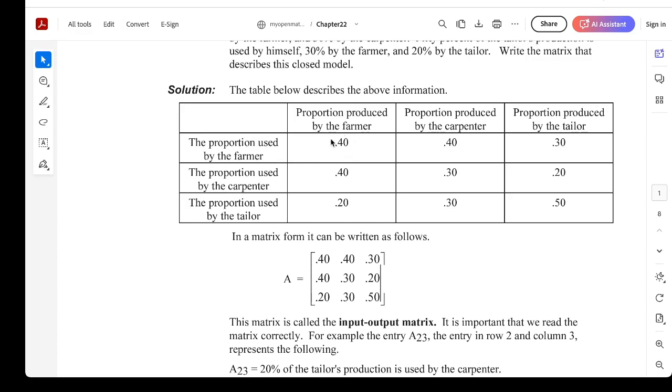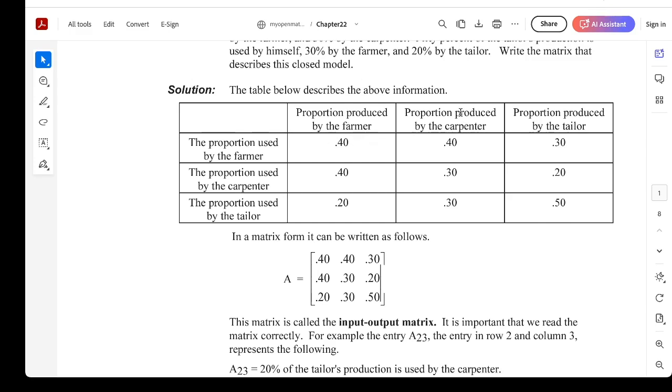And so, for instance, this 0.40 or 40% is saying that 40% of the food that's produced by the farmer gets eaten by the farmer. It's produced, but also, well, funny, 40% also gets eaten by the carpenter and possibly his extended family. I guess the tailor has got a small family. I don't know. He only eats 20% of the farmer's output.